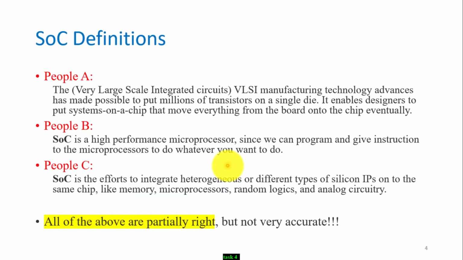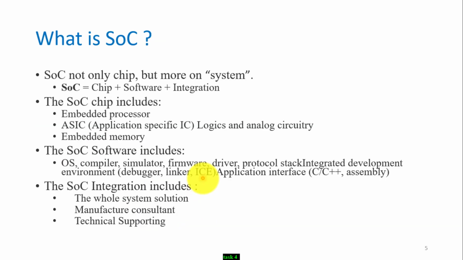We have different definitions, but all of these definitions are partially right but not very accurate, because in order to have a system on chip you need to have three things: a chip, software, and integration between the chip and the software. You cannot have a system on chip without the integration of these three things.